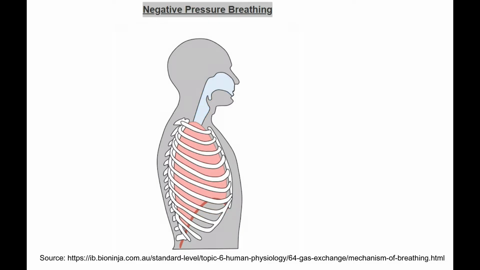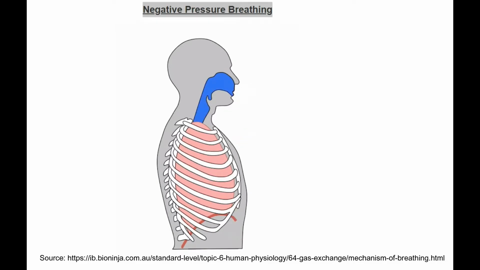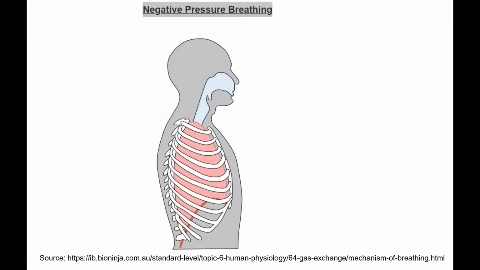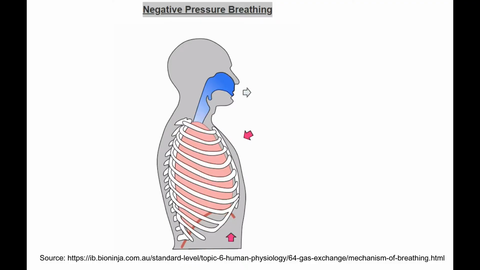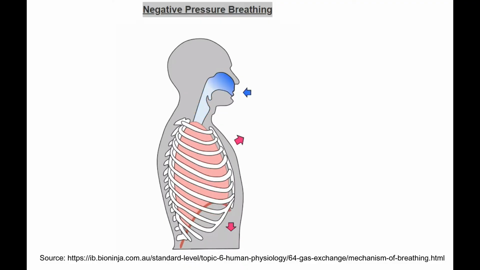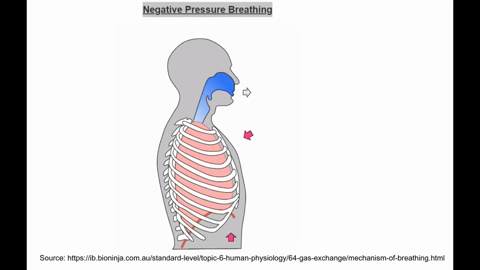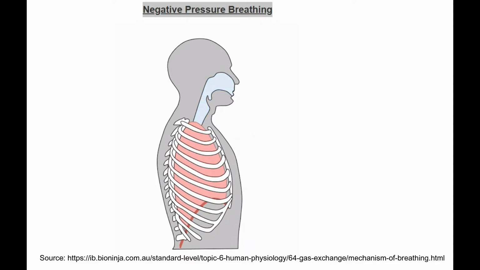When the volume decreases in the thorax cavity, the pressure increases. When the pressure in the chest is less than the atmospheric pressure, air will move into the lungs. This is called inspiration. When the pressure in the chest is more than the atmospheric pressure, air will move out of the lungs. This is called expiration.